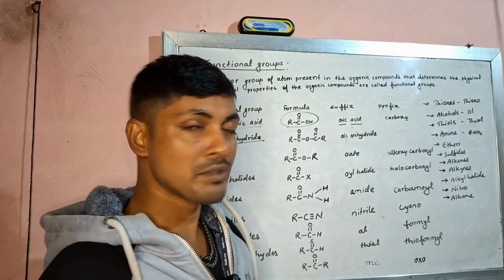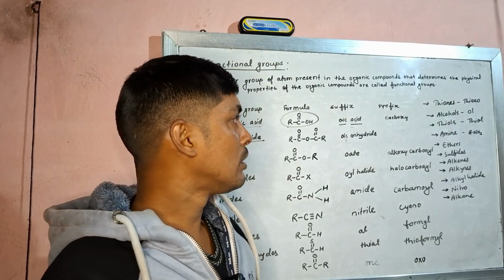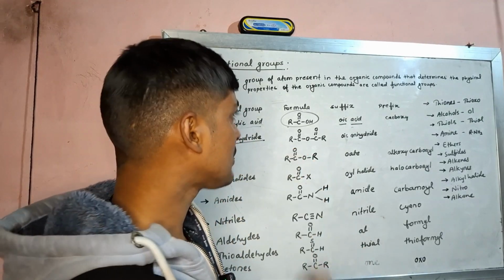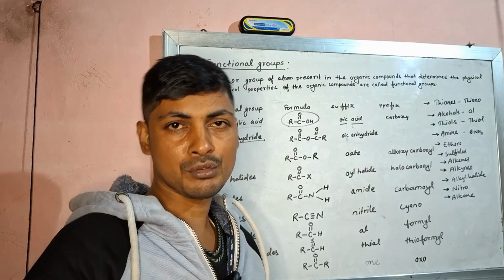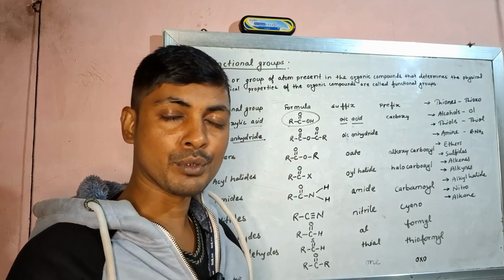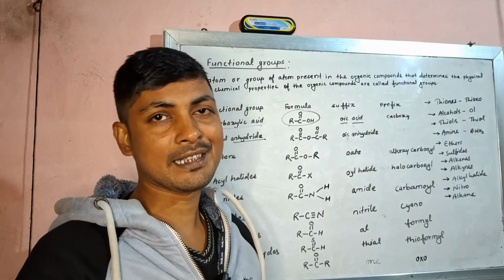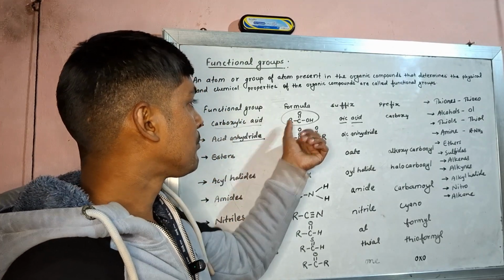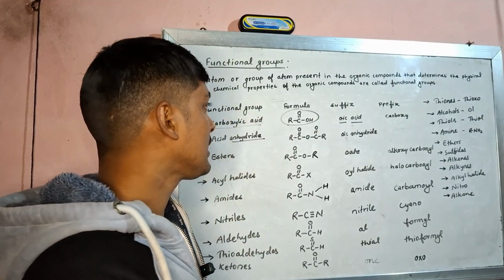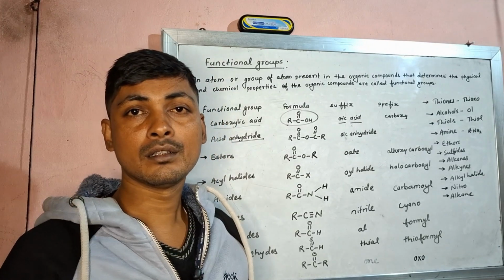As we have discussed before about the root word, if there is one carbon, meth; 2 carbon, eth; 3 carbon, prop; 4 carbon, but, and so on. So we have to remember that also while understanding this alkyl radical.